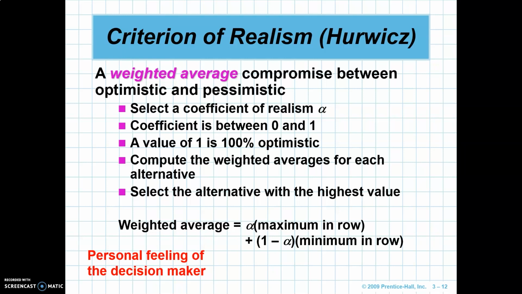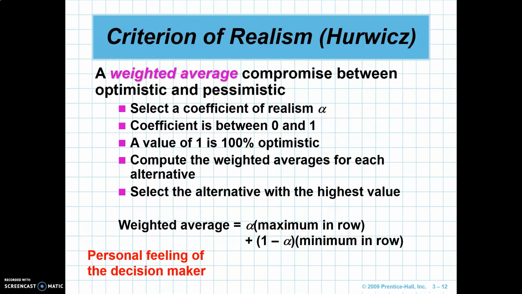Hurwitz, who suggested this criterion, introduced the idea of a coefficient of optimism denoted by alpha, to measure the decision maker's degree of optimism. This coefficient lies between 0 and 1, where 0 represents a completely pessimistic attitude about the future.